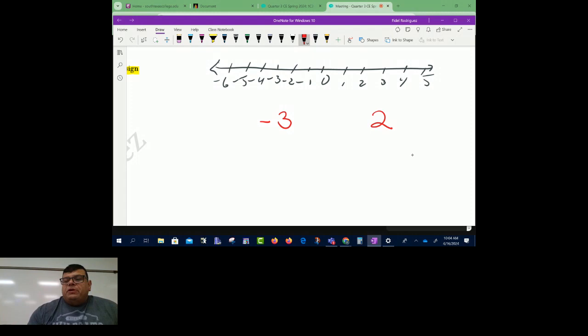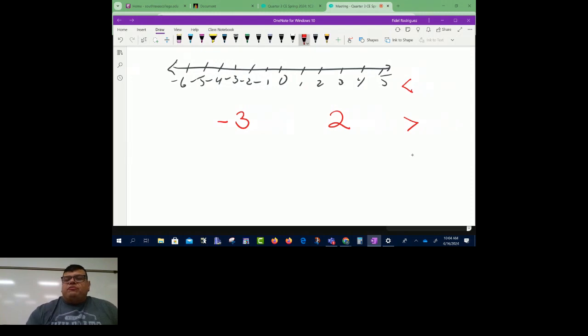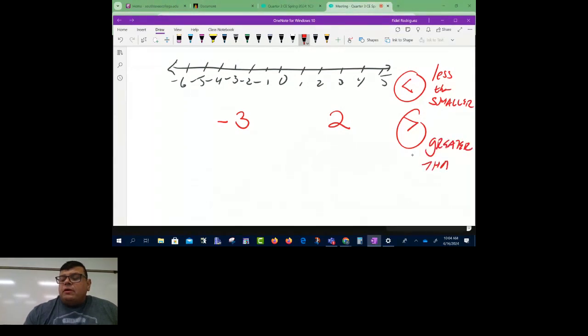And I'm going to put one of these signs, either less than or greater than. So let's make sure we understand what each of these mean. This is less than, which just means that the number is smaller. And this one here is greater than, and that just means that the number is bigger.